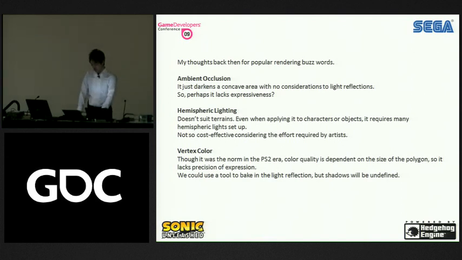Next is hemispheric lighting. It doesn't suit terrains. Even when applying it to characters or objects, it requires many hemispheric lights to set up, so it's not so cost-effective considering the effort required by the artist. Now, vertex color, though it was the norm in PS2, color quality is dependent on the size of the polygon, so it lacks precision of expression.